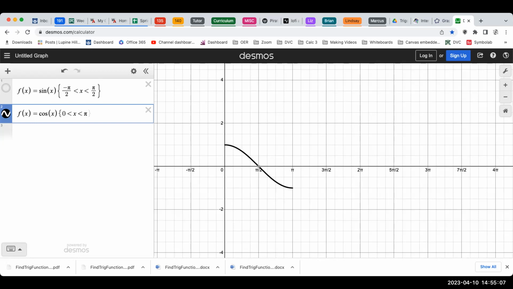So it'll look something like that. It will now be one-to-one. It's still my sine function though. It's just only on this domain. And cosine, what was the one we chose for cosine? From 0 to pi.